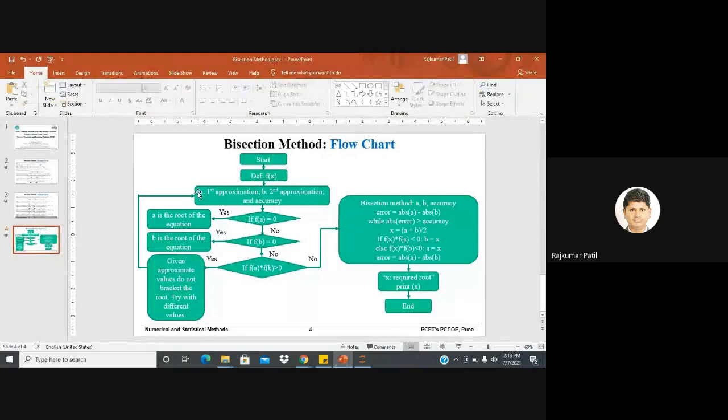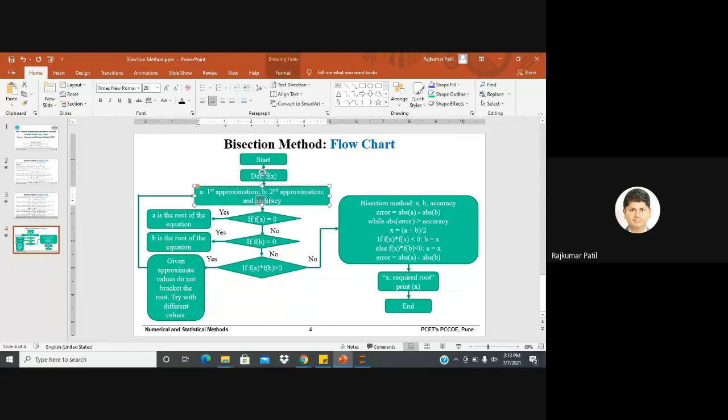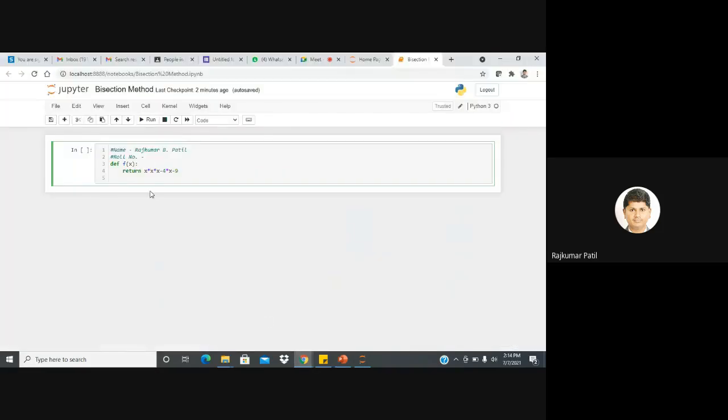Now the next step is first approximation and second approximation values. Accuracy can be defined afterward, because in this particular block you can see again we are going to define the accuracy. So here we will start with the initial values a and b. We need to write the statements related to that. Let's say a is equal to, and you can enter the value of a manually.